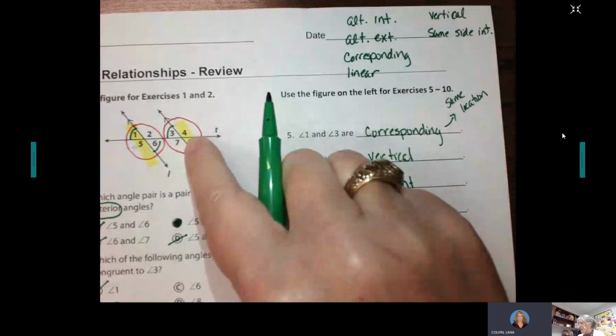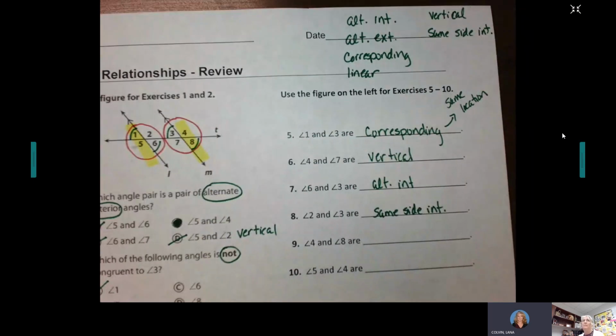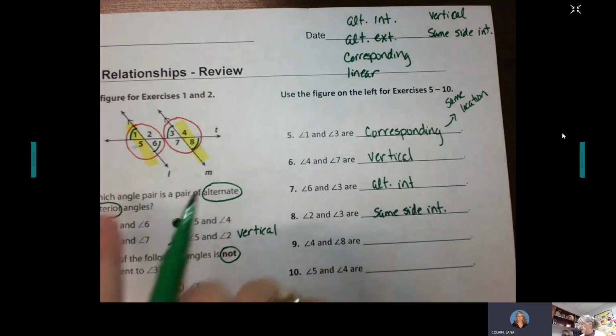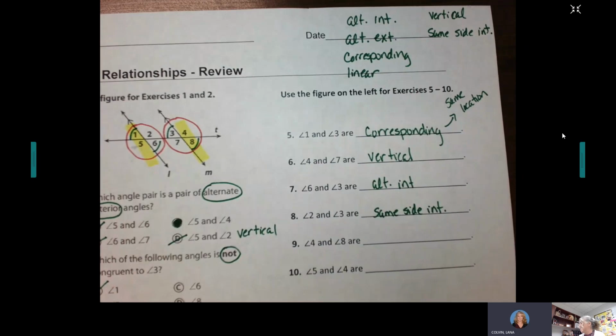What about 4 and 8? Oh, we've already used corresponding. What do you think? 4 and 8?